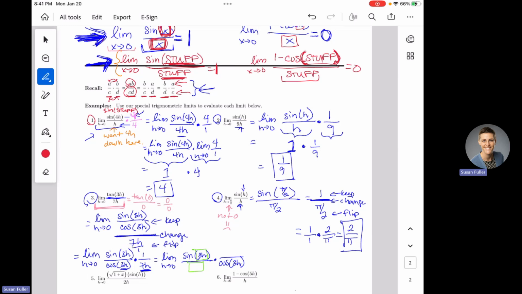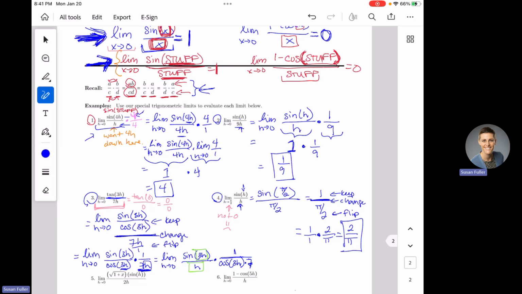I don't have a 3h that's not stuck in sine jail that I can move around. But notice I have an h. I don't have the 3, but I have an h. So I'm going to put that h here because I'm going to want one there. And this 7, I don't want down here. I'm going to put it over here with my extra stuff. It was on the bottom, so I'm going to put it on the bottom with my extra stuff. I don't have any other extra stuff up here, so I'm going to leave that as a 1.